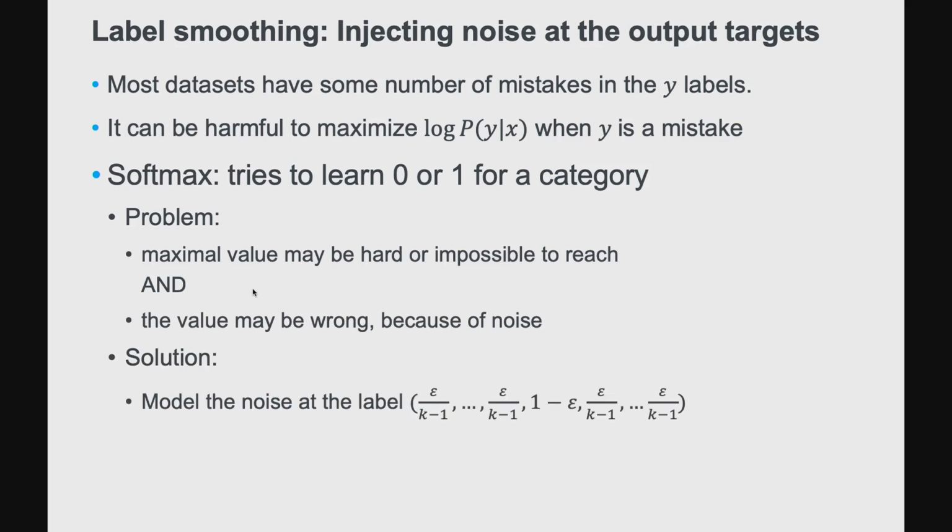So noise may lead to wrong values, and one partial solution that you should consider is to model the noise in your labels.